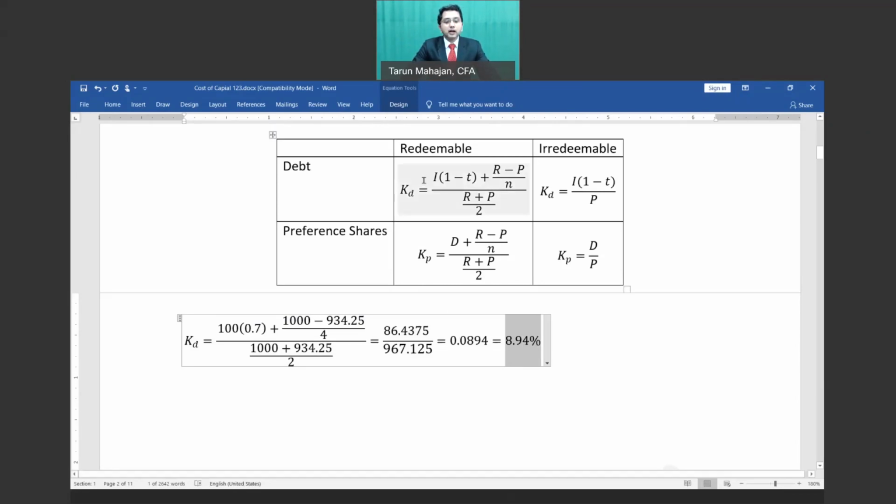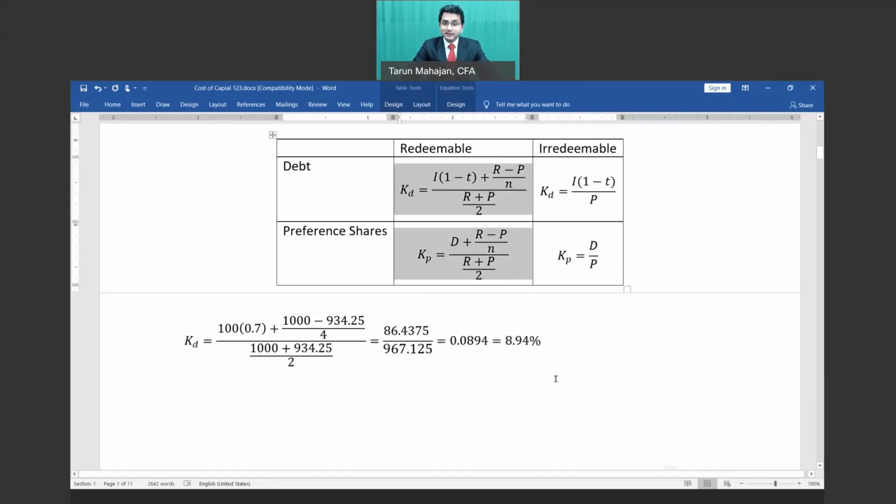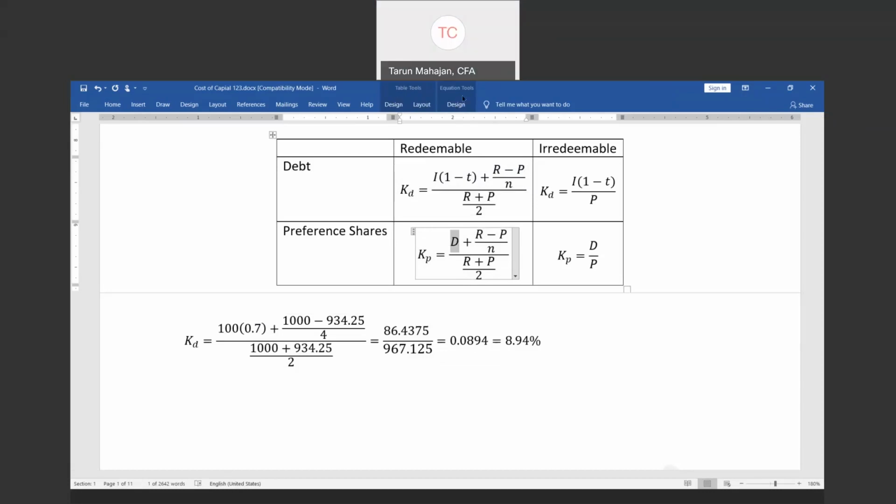Now the debt formula and preferential formula is exactly same, with only one difference, that in case of debt, you take amount of interest multiplied by 1 minus tax rate. But in case of preferential, you take amount of dividend only. You don't multiply it by 1 minus tax rate. Can you tell me why don't you multiply amount of dividend by 1 minus tax rate?